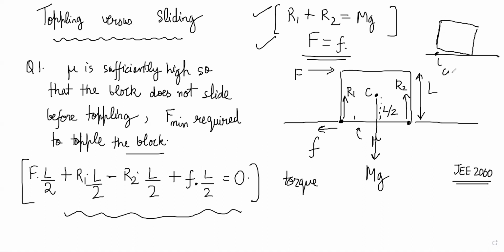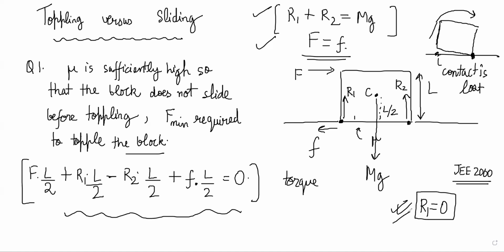At this point, the contact is lost. That is the point when toppling starts happening. The contact is maintained here, and rotation is going to happen about this point, right? Since it loses contact here, the left end is above the ground, so reaction force R1 is 0.